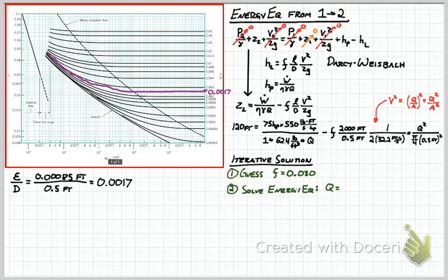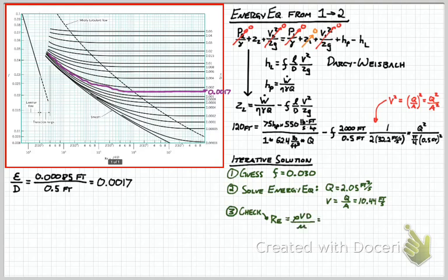If that were the friction factor f, we can solve the energy equation written above, and I solve that equation for a discharge of 2.05 cubic feet per second and a velocity of 10.44 feet per second.